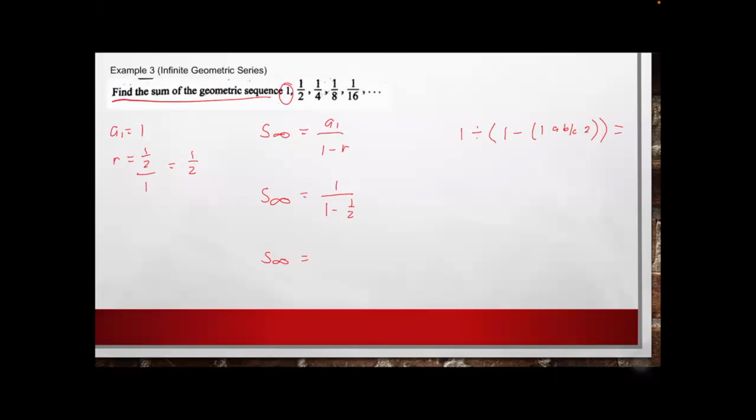The answer will be 2. How about the others? 2 din po. Okay, so therefore the answer will be 2. Question? Clarification? Wala naman? So let's move on to our Edmodo.